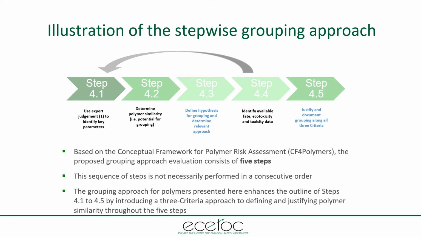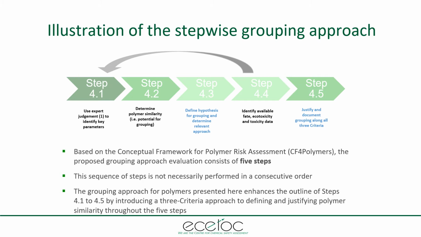Based on the conceptual framework for polymer risk assessment as laid out in previous reports by the ESOTOC task force, the proposed grouping approach, which is part of that conceptual framework, consists of 5 steps. It's step 1, which uses expert judgment to identify key parameters of that grouping.